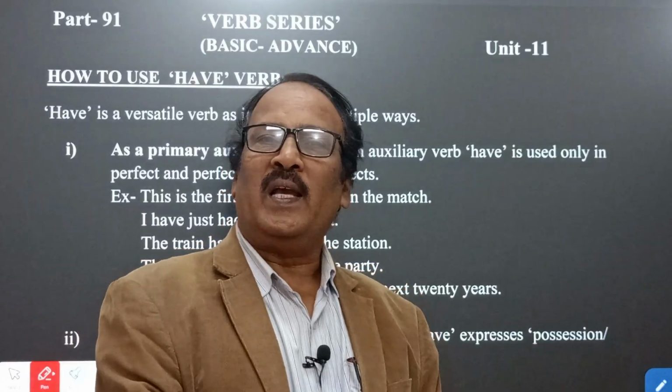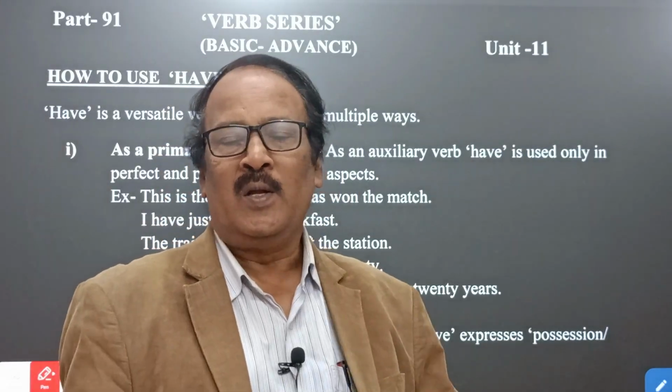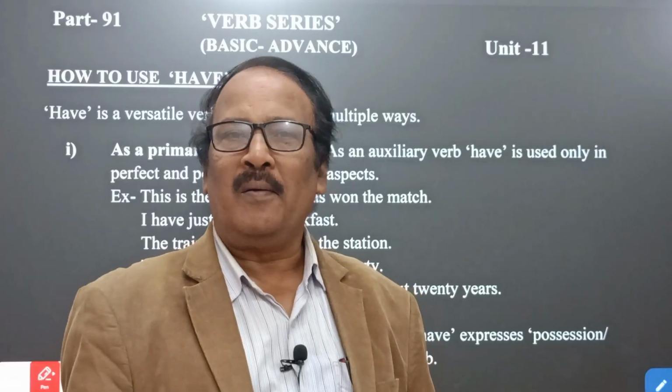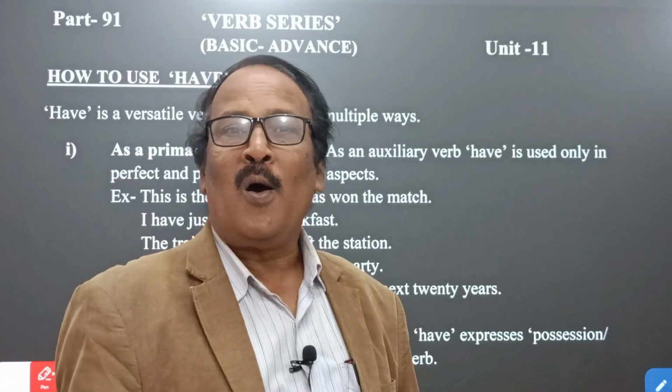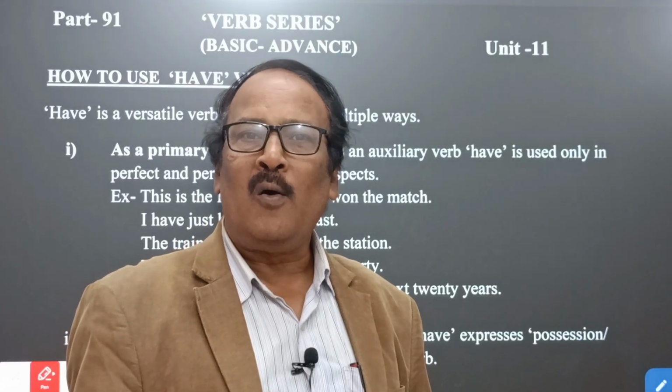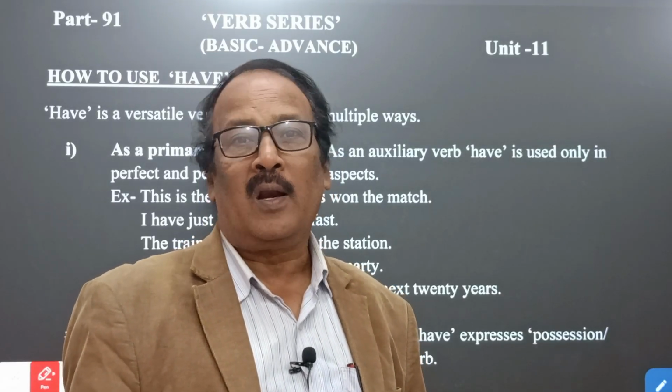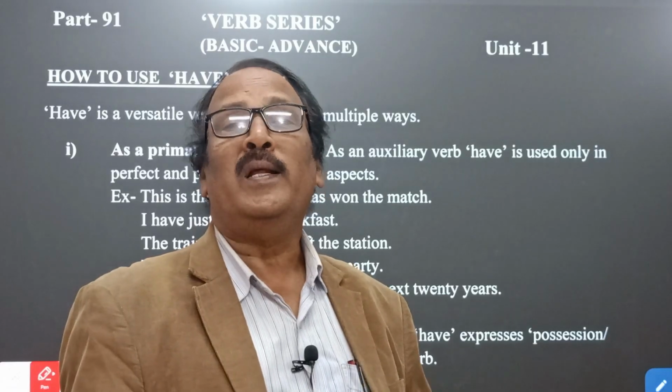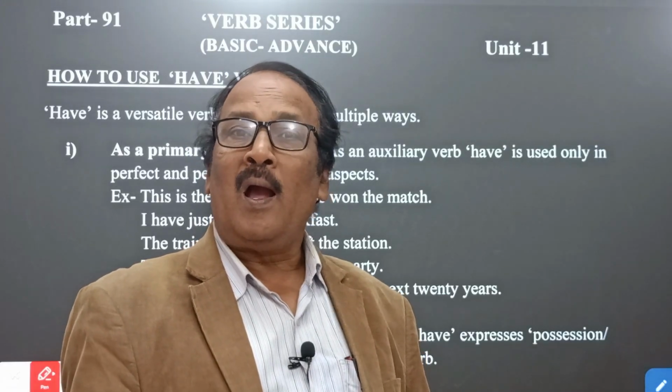In the previous segment, we discussed the definition of auxiliary verb, how an auxiliary verb is also known as a supporting or helping verb, and how auxiliary verbs are of two types: one is primary auxiliary verb and the other is modal auxiliary verb.